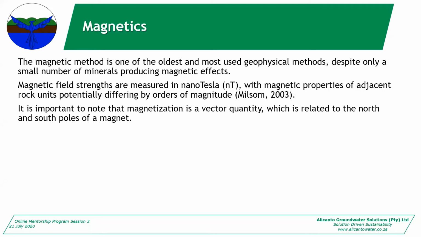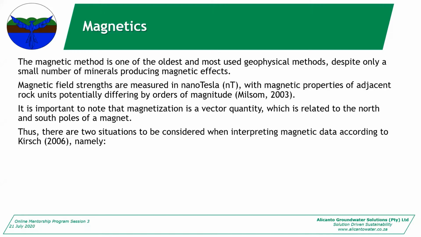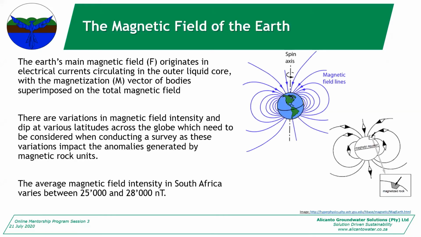It's important to note that magnetization is a vector quantity, which is related to the north and south poles of a magnet. There are two situations we need to consider when interpreting our magnetic data, and that is your magnetic field of the Earth. The main magnetic field of the Earth originates in the electrical current circulating in the outer liquid core, with the magnetization vector of bodies superimposed on the total magnetic field.